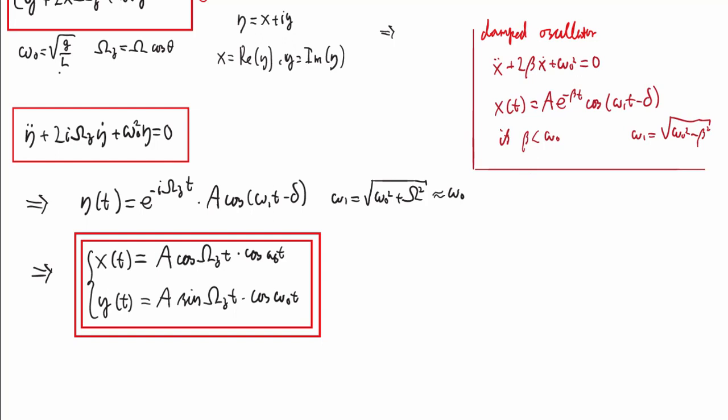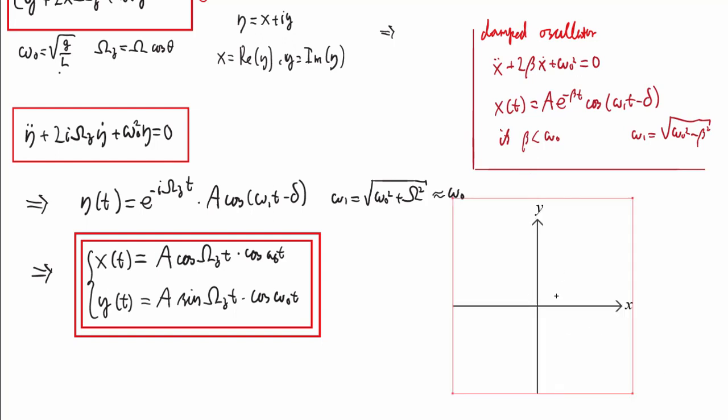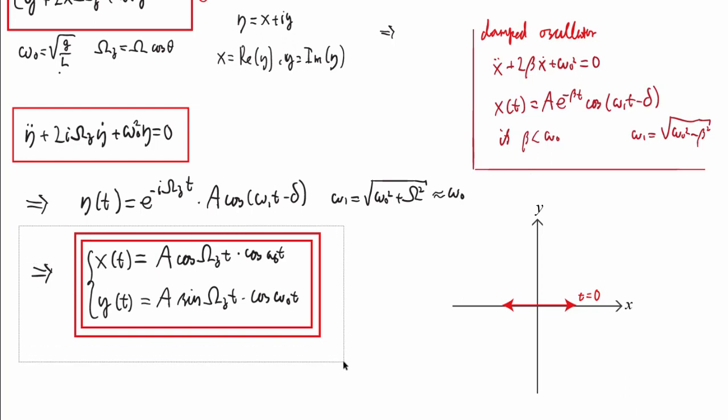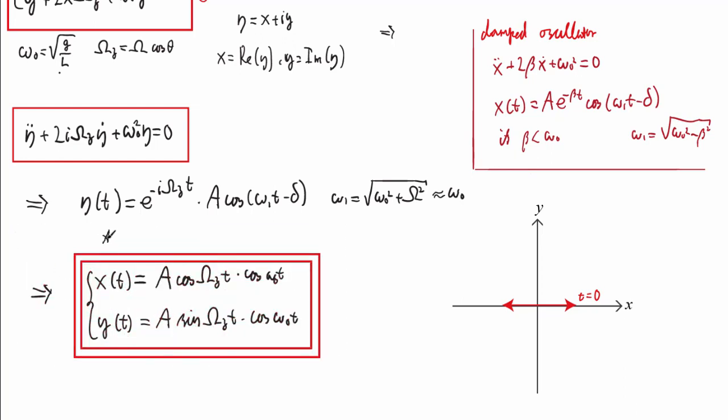So if you were to plot what this approximately looks like, initially, at time t equals 0, the way we've done things here, and I didn't say this, we have taken delta to be 0. If we do that, that means that initially we only have motion in x. At time t equals 0, the motion in y is 0, and the oscillator is moving back and forth along the x-axis.